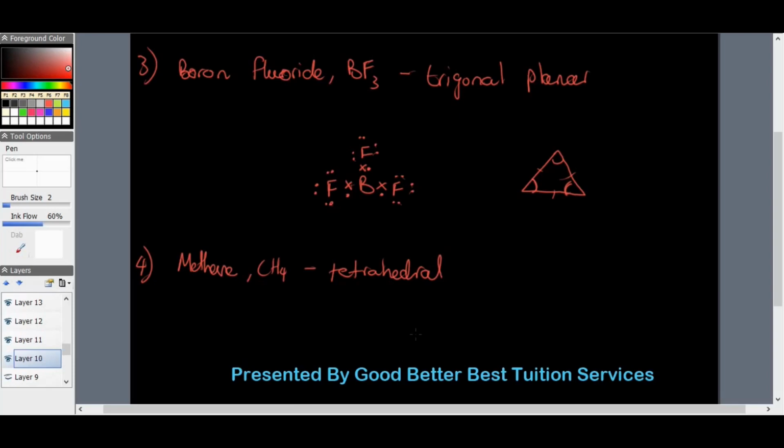Each bonding pair has a hydrogen attached, and thus the molecule becomes tetrahedral in shape. A quick Google search will pull up the 3D model of methane, which is tetrahedral.